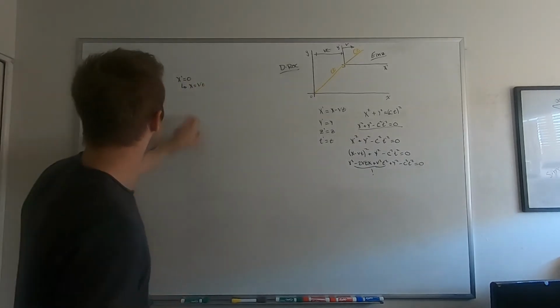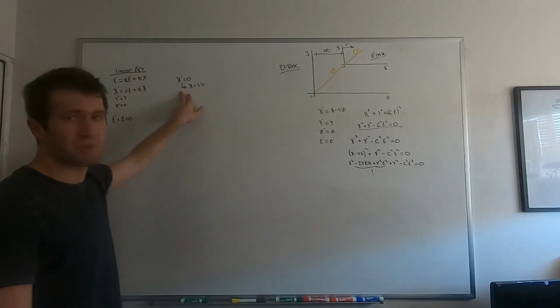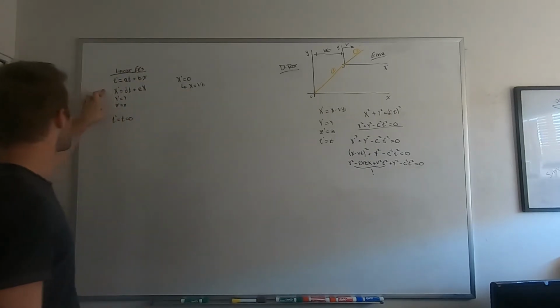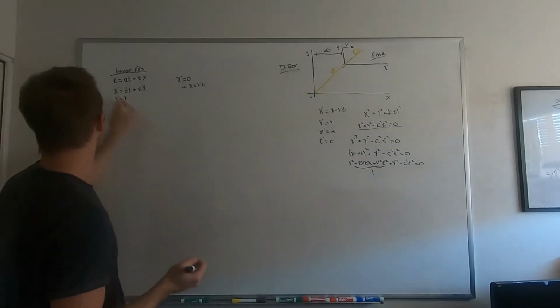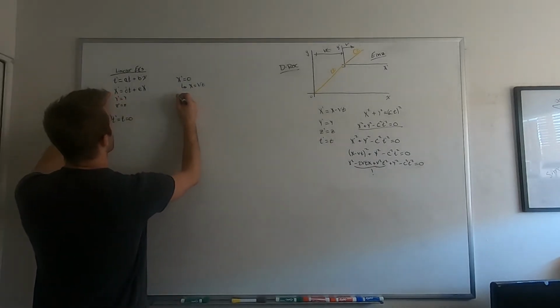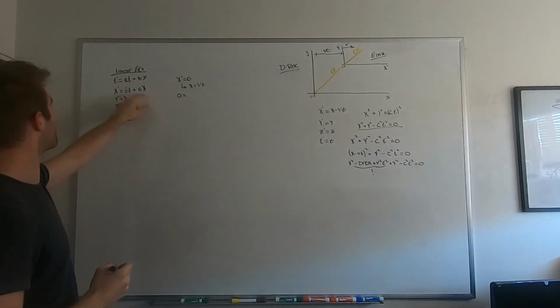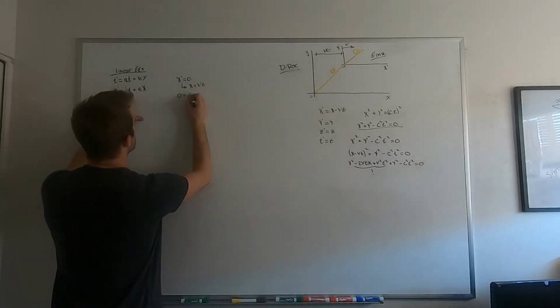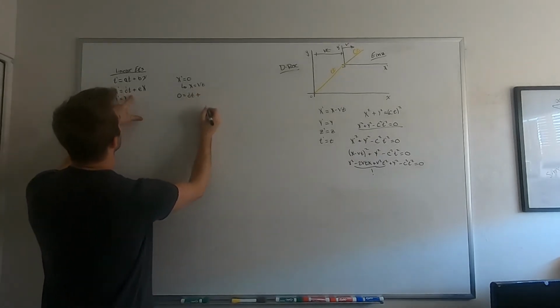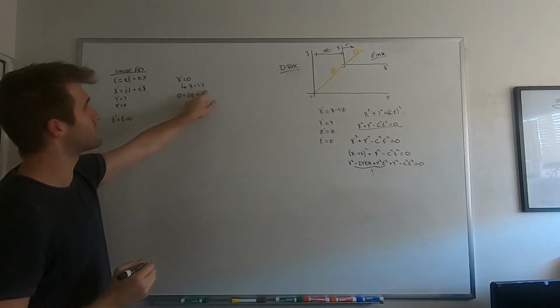All right, so let's start plugging some of these into our linear equation. If x prime is equal to 0, we can plug that in over here, and we'll have 0 equal to d times t plus e times x, which is just vt.